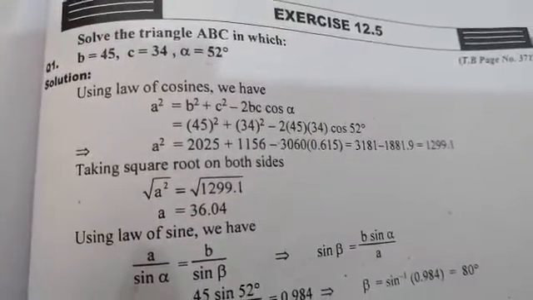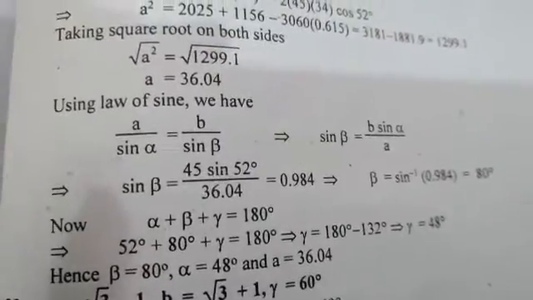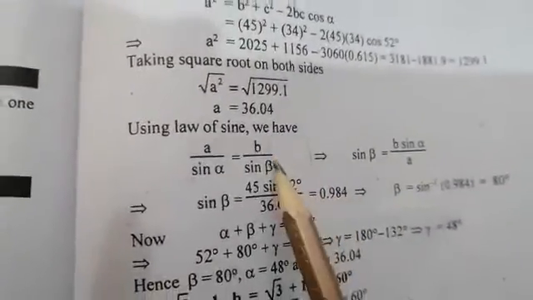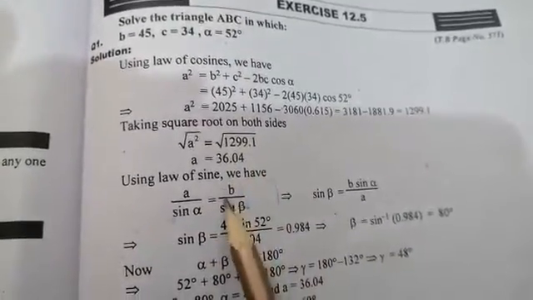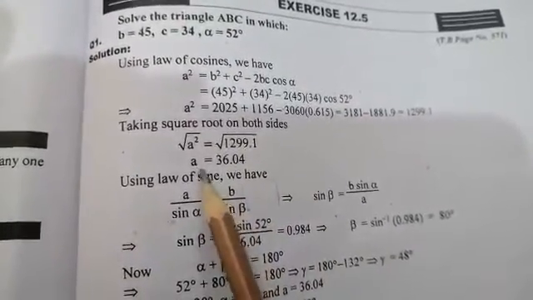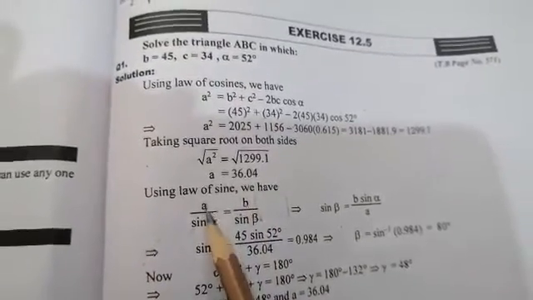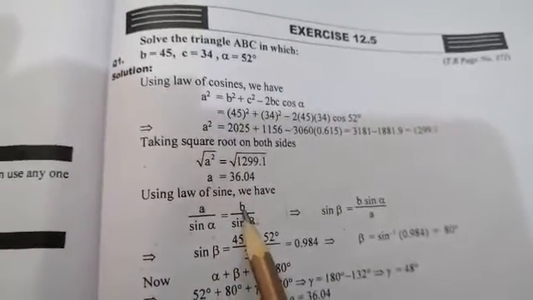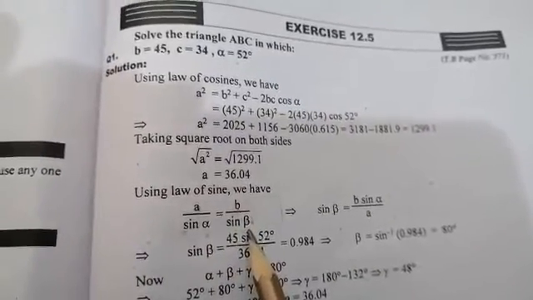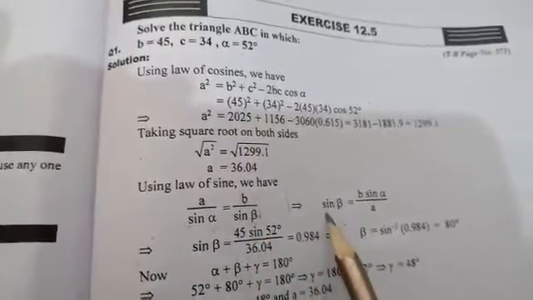Using law of sines, because we still have to find angle beta and angle gamma. According to this question, we have values of side a, angle alpha, and side b, but we have to find sine of beta, meaning we have to find the angle beta.